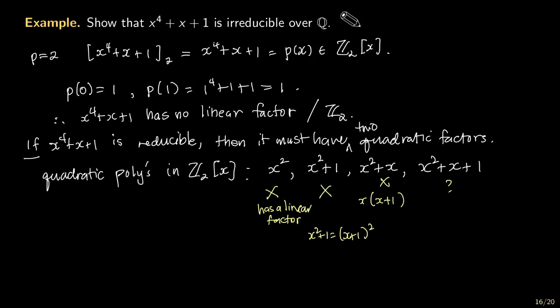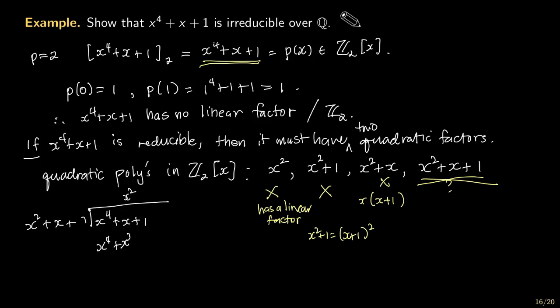Well, if this was a factor of this one, then pag dinivide ko ito by that, I get a remainder of 0. But if we perform long division, let's try. If we apply the division algorithm, x to the 4th divided by x squared, we get x squared, tapos x squared times the divisor is x to the 4th plus x cubed plus x.